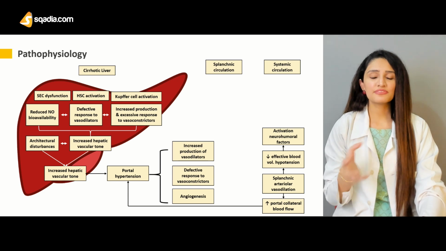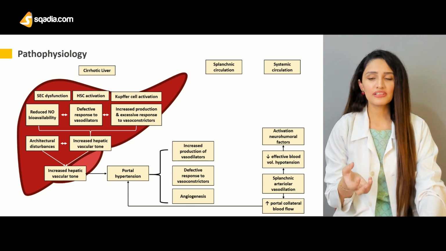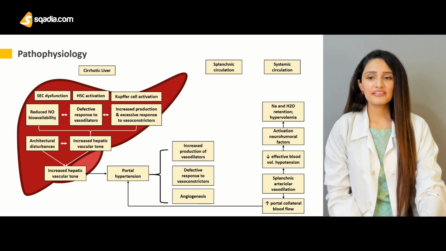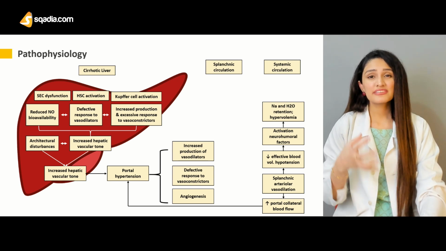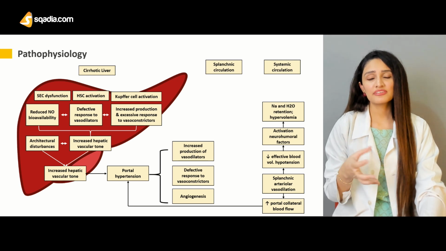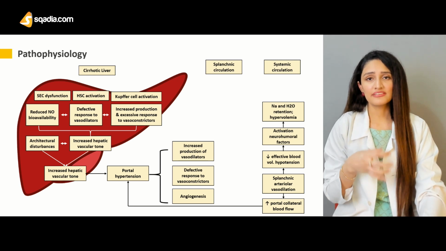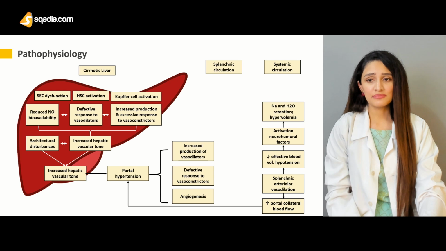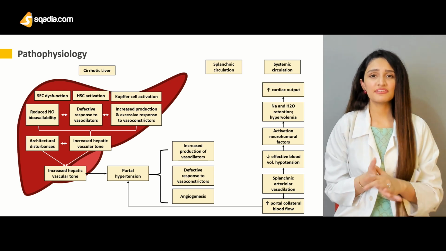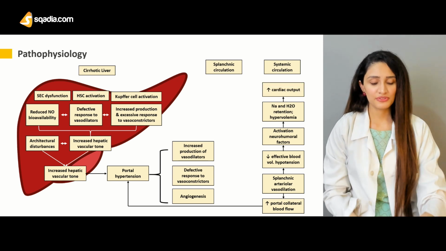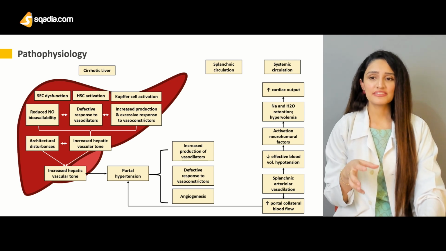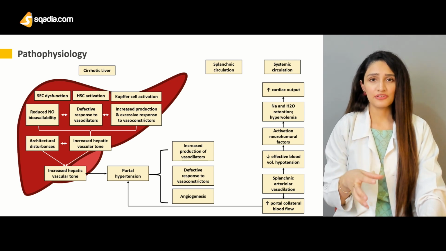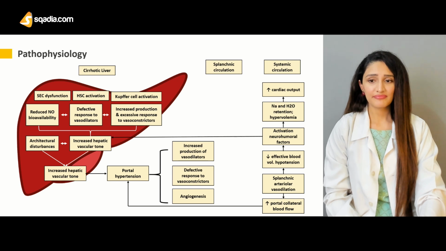Then we've got the activation of neurohumoral factors and an increase in sodium and water retention. Sodium and water are retained within the body, with very little output, and it causes hypovolemia. And then ultimately we've got increased cardiac output. So this ultimately creates a whole scenario for portal hypertension.